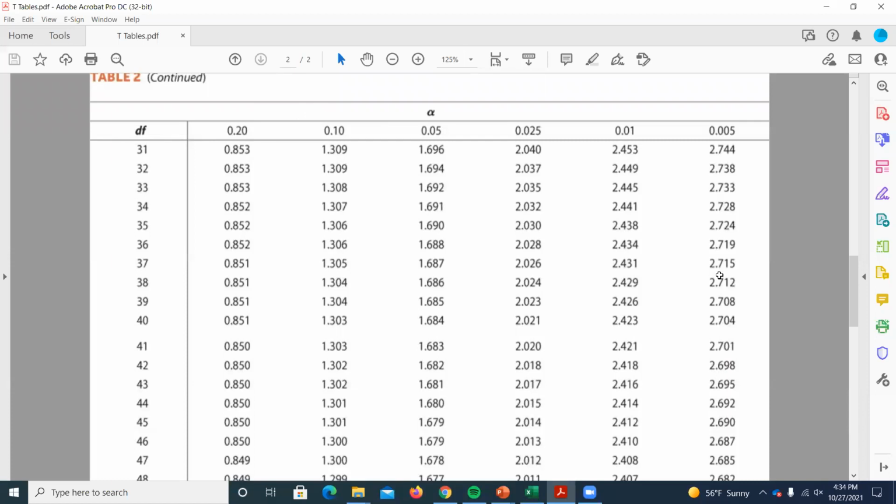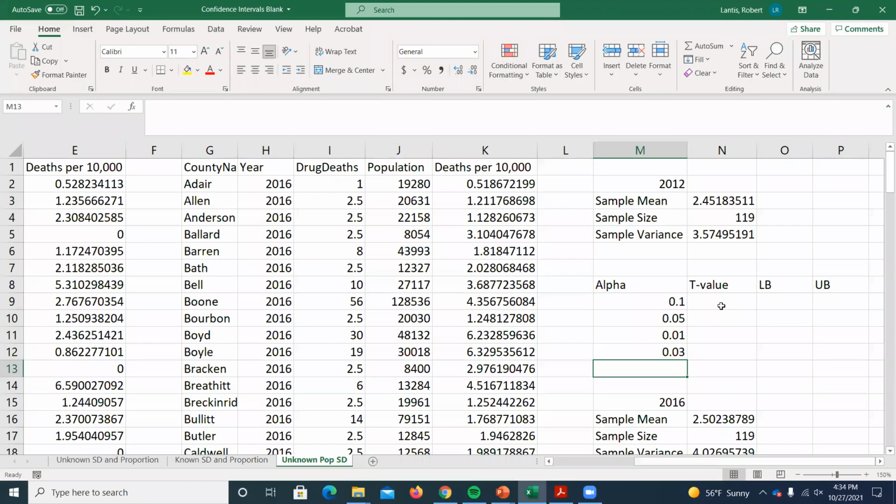But Excel doesn't have to be restricted to a table, because remember, these values in the table are really coming from integrating the density function. We said that's not fun to do, so people have already done it for us and created these tables, but in Excel, it'll do the integration behind the scenes for us.